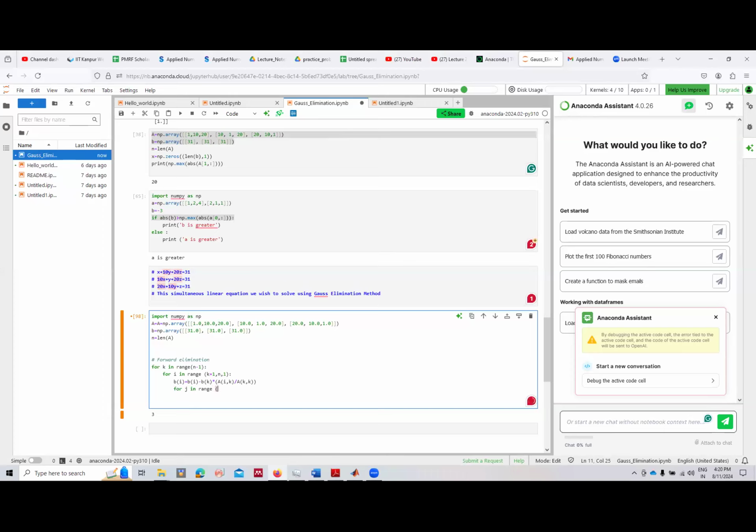This will also start from a plus 1, and it will go up to what? It will go up to n, with interval of 1.